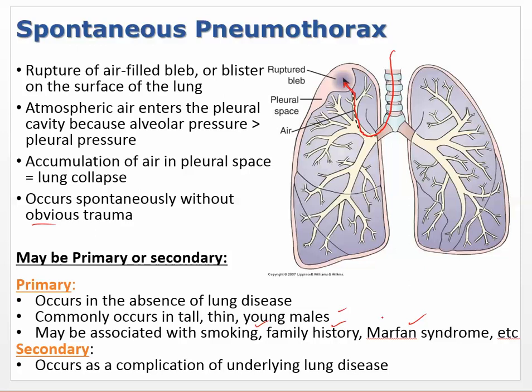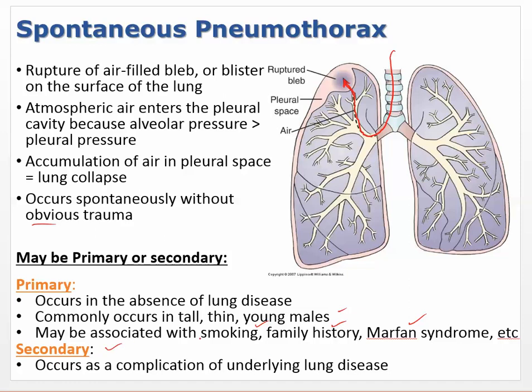Which makes sense, if you've got some kind of weakened outer coating, then you can have breakthrough. That's where you can form those air blisters. It can just kind of puff out a little bit, and then it ruptures, and that air has got a free pass to get into the pleural space.